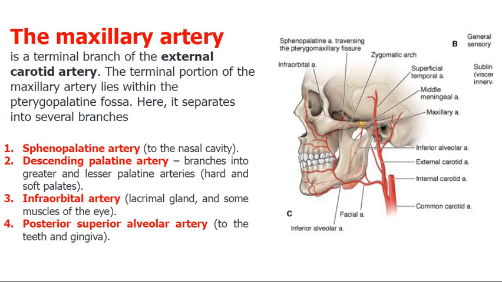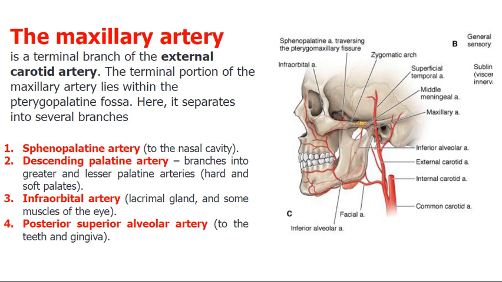The other important content of the ganglia is the maxillary artery, which is a main or terminal branch of the external carotid artery. The terminal branch of the maxillary artery will be seen in the pterygopalatine fossa.